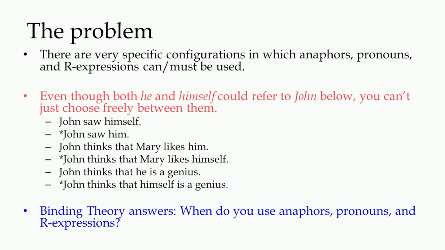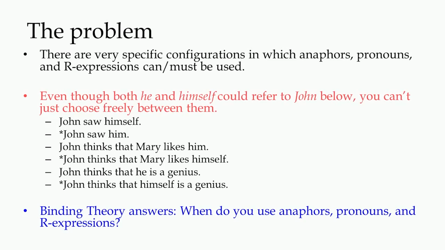With these, we looked at problems like when we have sentences like John saw himself, the sentence is good because the anaphor himself finds John as an antecedent within the domain of the sentence, and therefore this is fine.